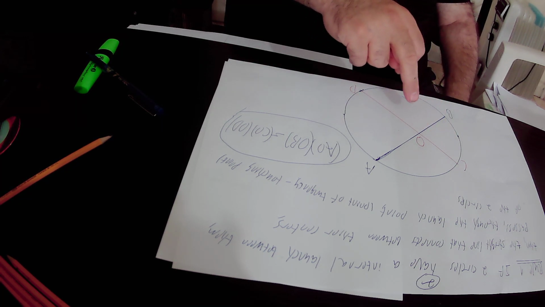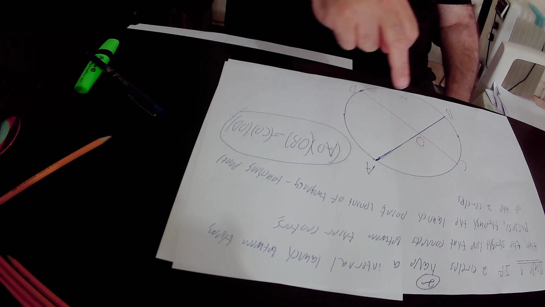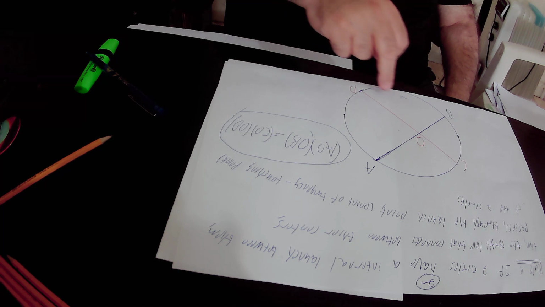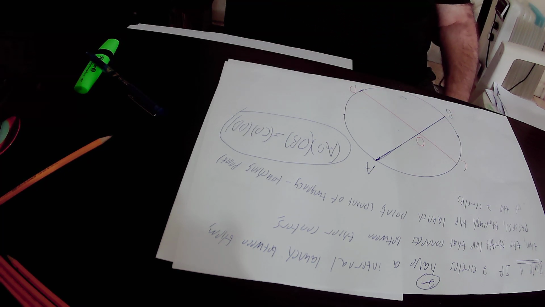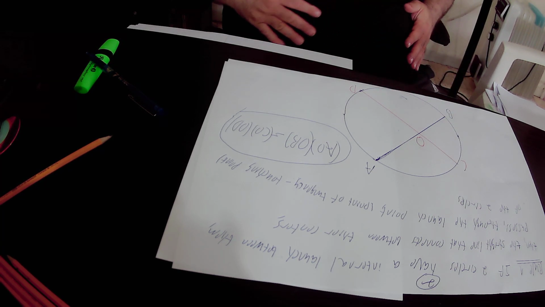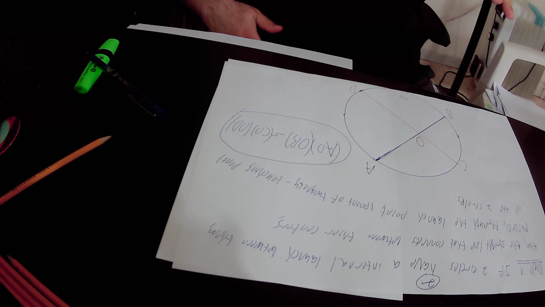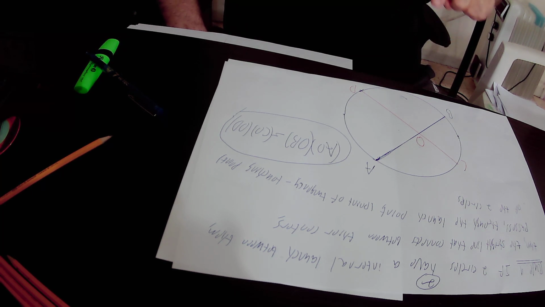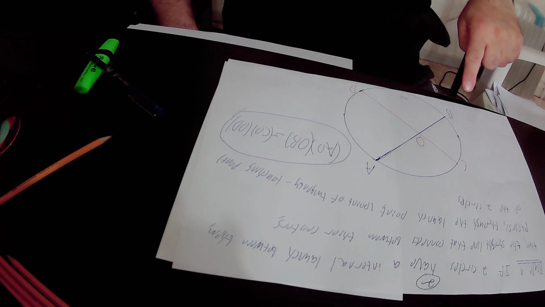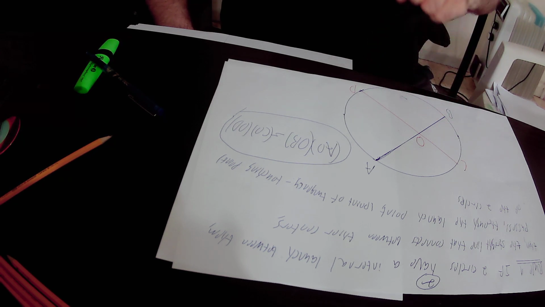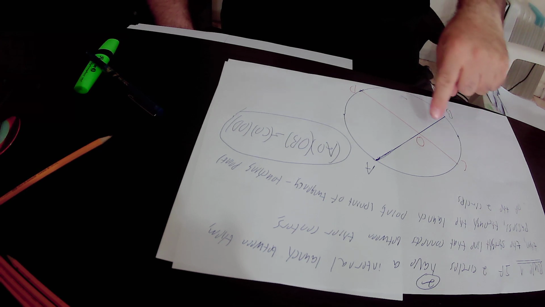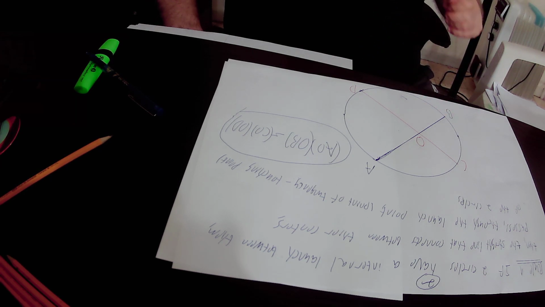Point O is the intersection point of the two chords. So we get that AO times OB equals CO times OD.